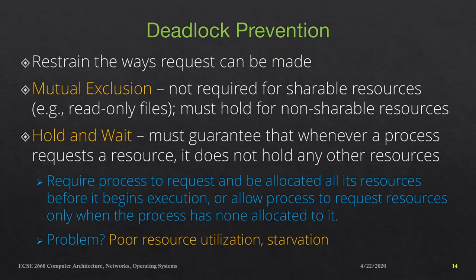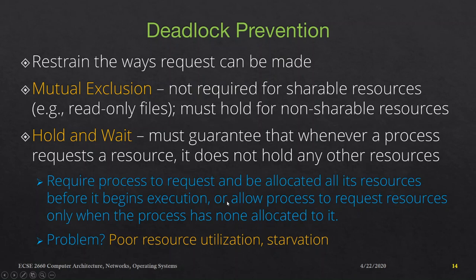I'm using maybe 1 at a time, maybe 2 at a time, but I'm not utilizing all those resources for the entire time I have held them for that process. So that leads to poor resource utilization, because those resources will not be able to be allocated to another process.